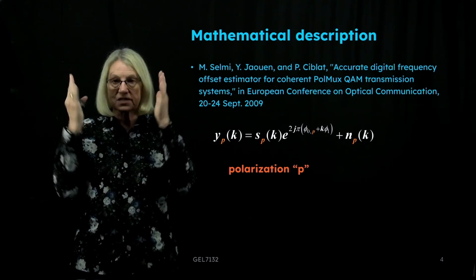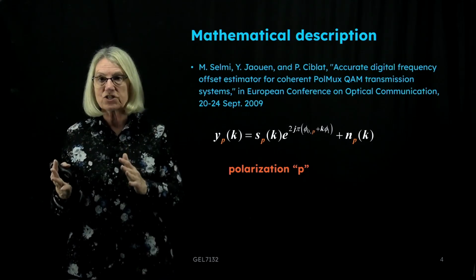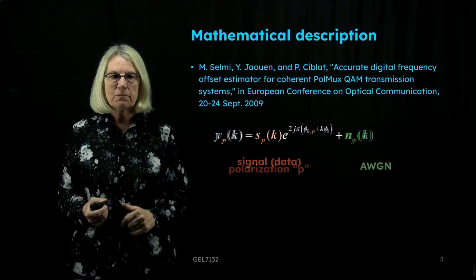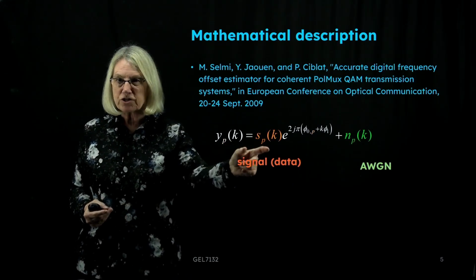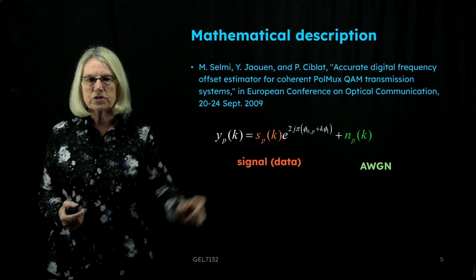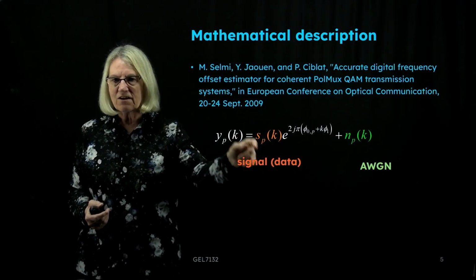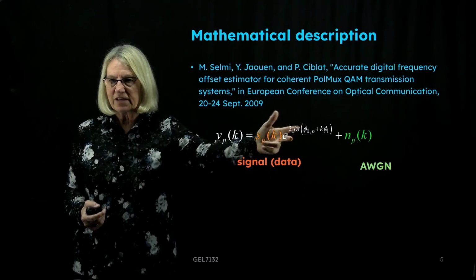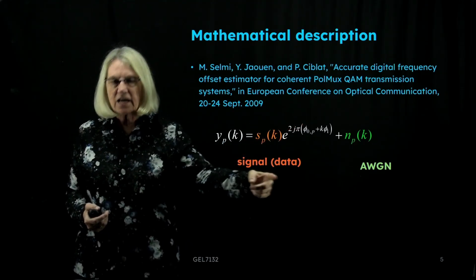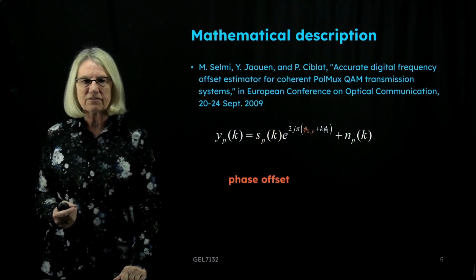I'm looking at the signal received on one of these polarizations. So the received polarization is going to be made up of a signal portion and a noise portion. So the signal portion, I have the data in there, and of course I have the carrier. The carrier is here. But this part is the signal and the data, and this part is the additive noise.